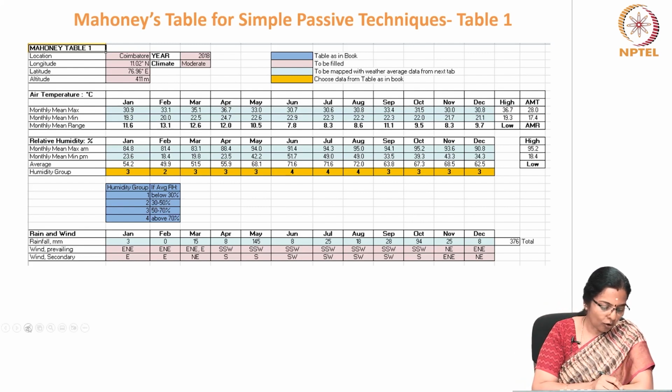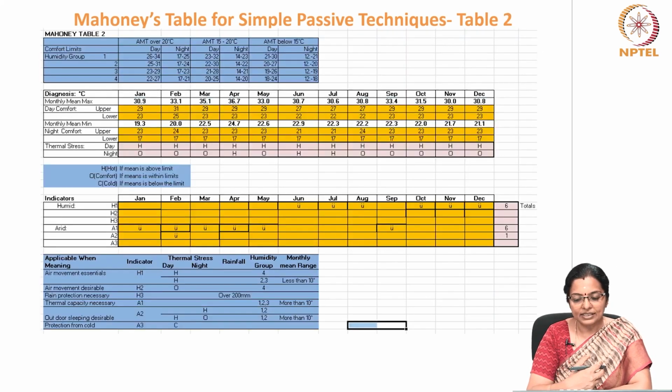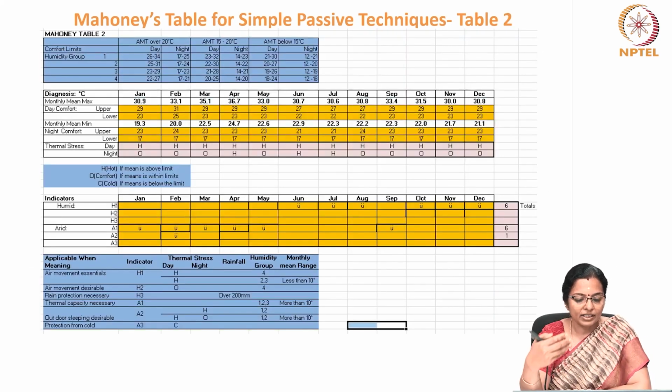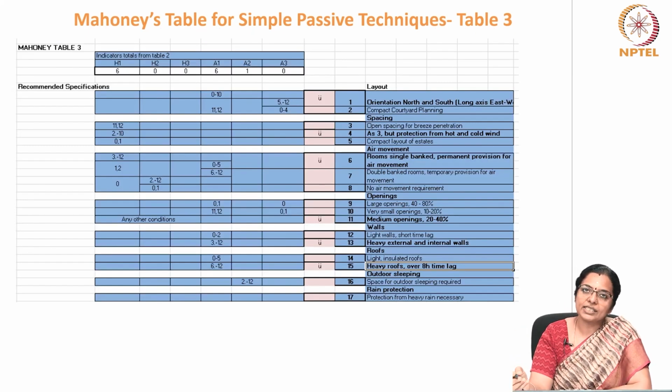In this table, I have followed all the rules leading me to a set of indicators. After having entered all the data, eventually I land up with a recommended specification. For Coimbatore, the recommendations as given by Mahoney's table are like this.